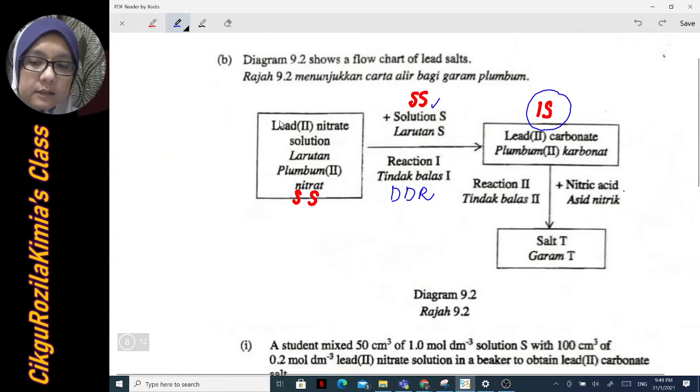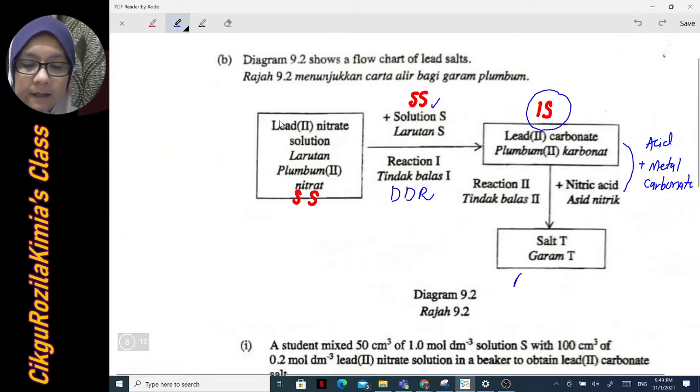So, kita kena terus tahu bahawa reaction ini adalah reaction antara acid with metal carbonate. Okay, dan dia produce salty. So, salty probably adalah lead to nitrate. Senang je soalan ni. Okay, so tapi kita kena analyse dulu before we answer the question.